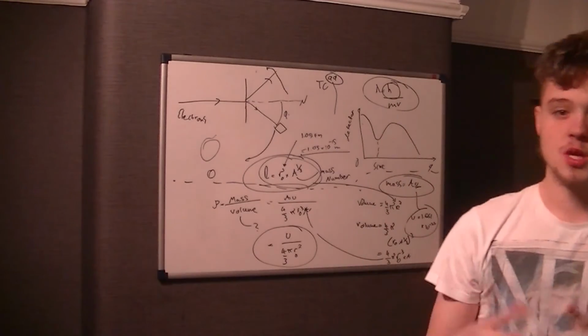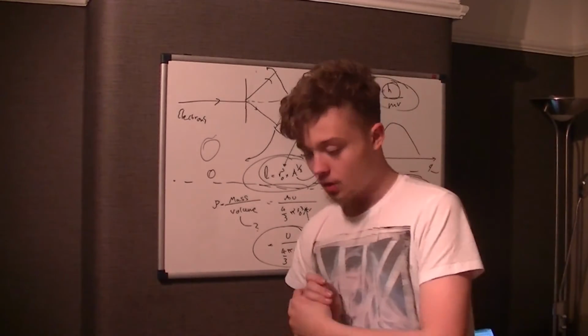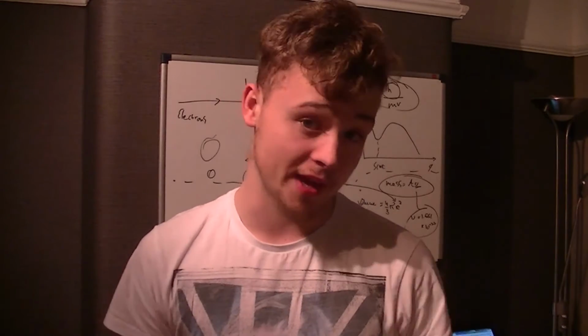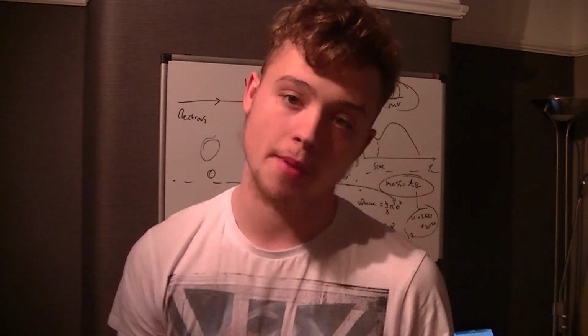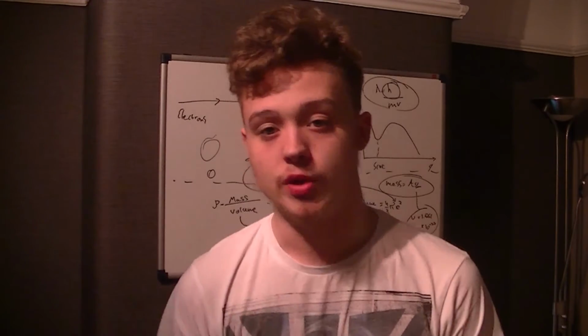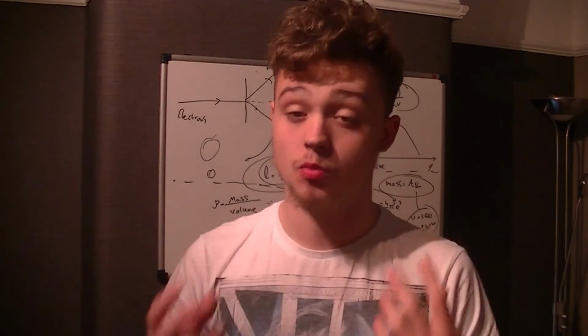So at the start of this topic we looked at Rutherford's experiment, and we talked about the original plum pudding model of the atom, and obviously how that was disproved. And we went on to talk about what conclusions he drew, which was the fact that most of the mass was concentrated at the centre of the atom, and that it was positive.